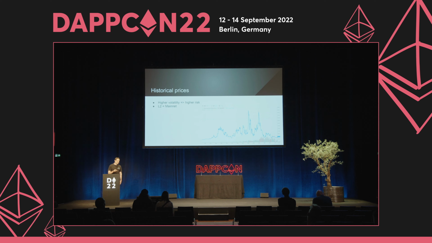Now, this is basically the only point where, if you do it for mainnet or for L2 or altchain, it is exactly the same analysis. The price of ETH on Arbitrum and on mainnet is exactly the same, at least the historical one. The price of USDC, or of wrapped Bitcoin is the same. So prices are all the same.